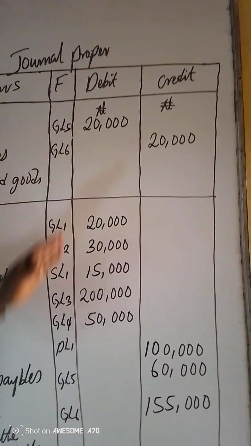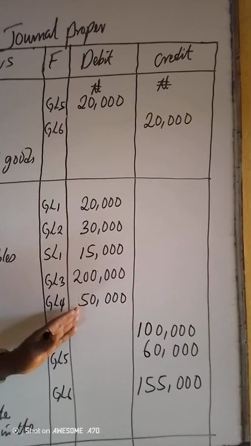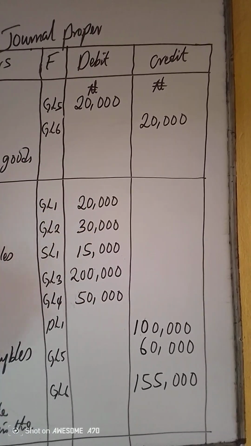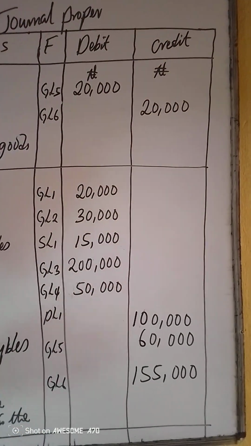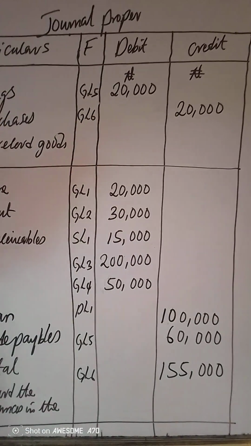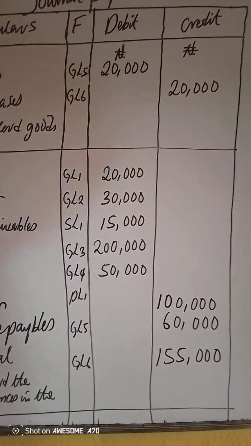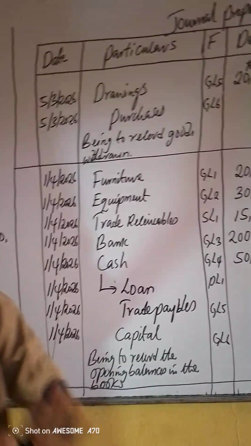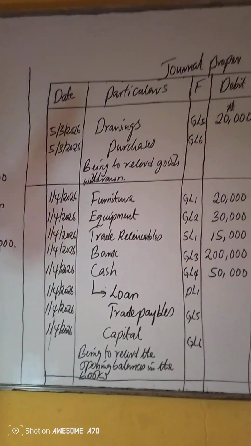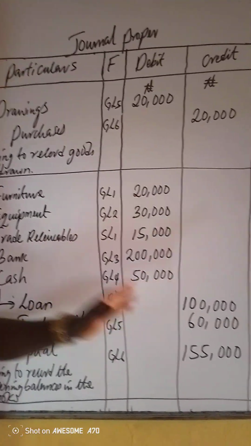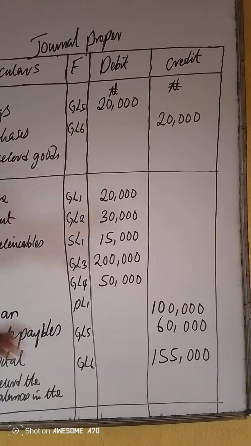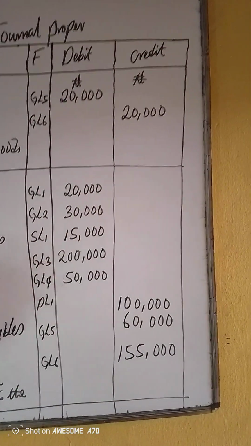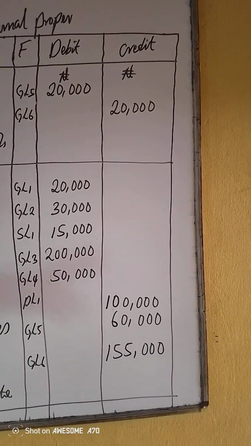So here, you discover that the assets total is not the same as the liabilities total. That means you must balance the account. And that is why we are going to introduce capital based on the accounting equation, to make sure that the two sides, the debit side and the credit side, are the same. And that is why you now take the total of the assets, then bring the total of the liabilities, which is 160,000, and by the time you subtract, you now get your capital.